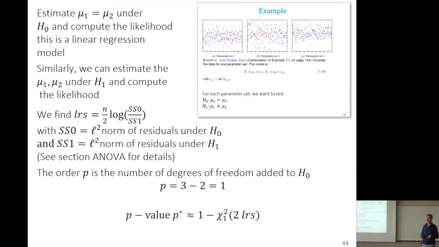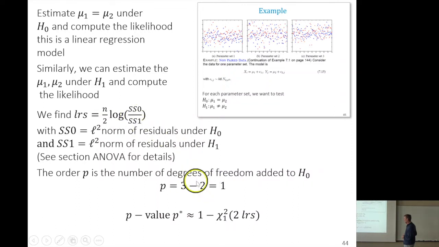Incidentally, if I had the same model, but I am not assuming the same sigma for the two, then the method would work exactly the same way. I can estimate the sigma of the blue, the sigma of the red, and I don't have to force them to be the same. Of course, I will have different SS0 and SS1 that will be computed, and at least SS1 will be different.